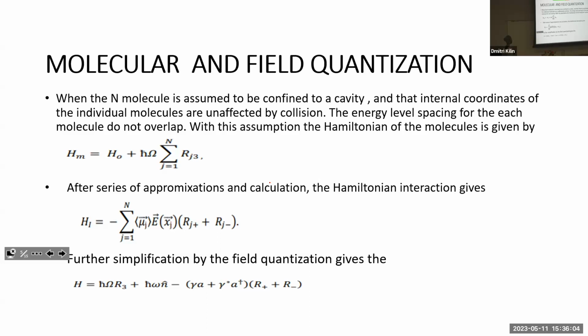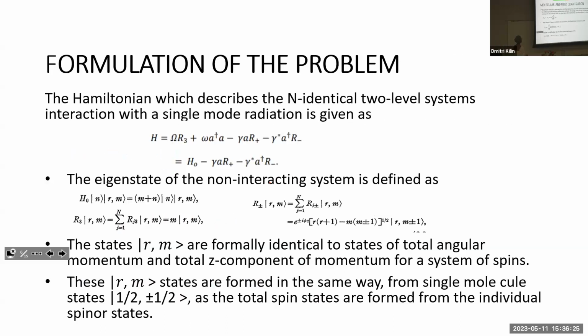But after simplifications by different approximations, he was able to arrive at this Hamiltonian of the system, where the first two terms are our unperturbed Hamiltonian, and this relates to our perturbed Hamiltonian, as stated here.